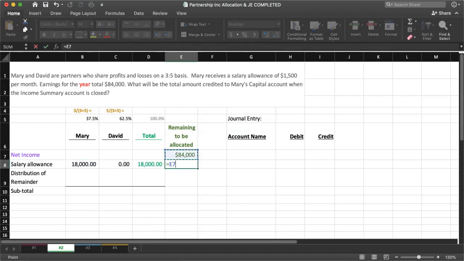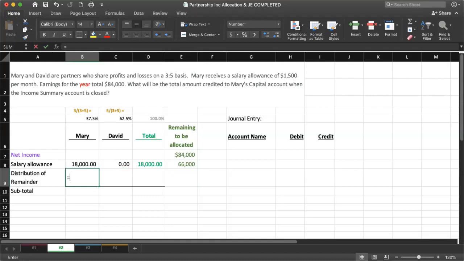After we allocate the $18,000 from the $84,000, there's $66,000 left, and that $66,000 is going to be allocated to Mary and David using their profit and loss ratio.